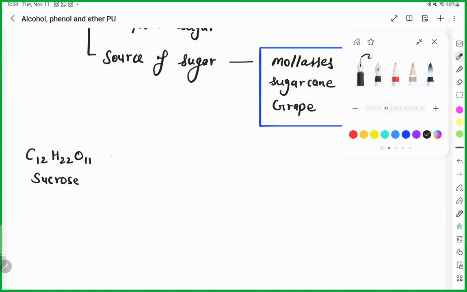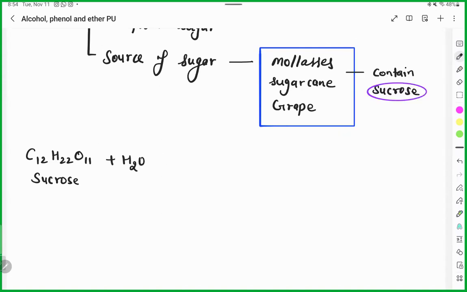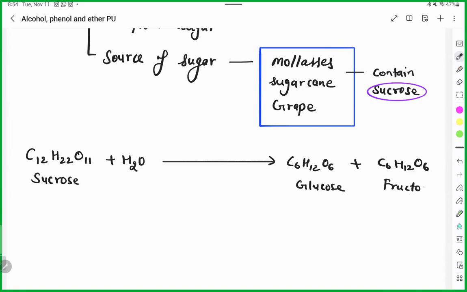So when sucrose reacts with water, it converts into glucose and fructose, right? You already told this. Why do we call it invertase enzyme? Because sucrose is dextrorotatory, and glucose and fructose combined will be levorotatory.